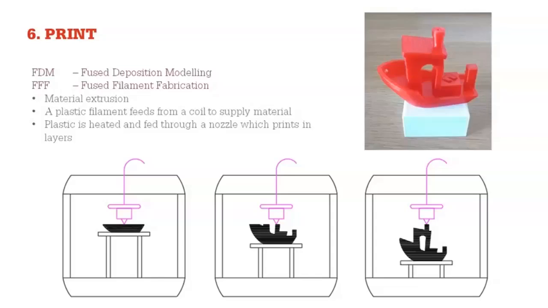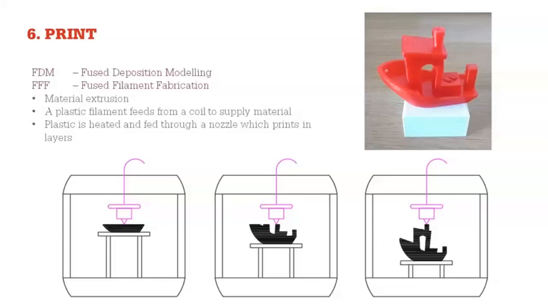Plastic's then heated through a little printer head, in this case to about 200 or 220 degrees for my printer, which is then fed through that nozzle and it prints up layer by layer, where each layer then cools and hardens into a hard plastic. As one layer is finished, the build platform moves down and then another layer prints up.